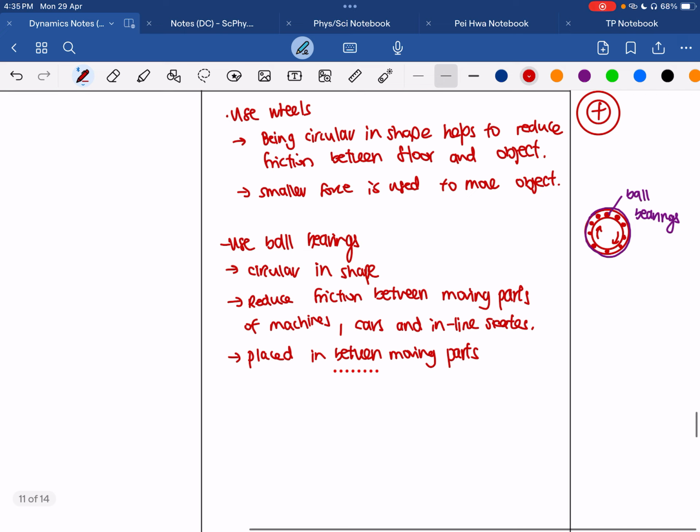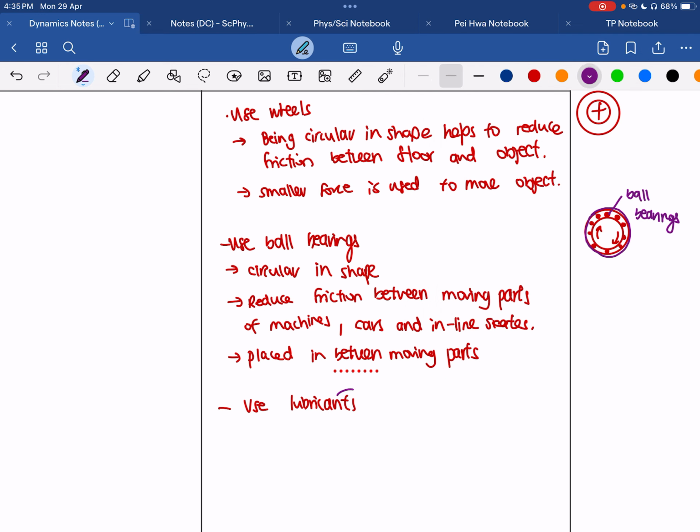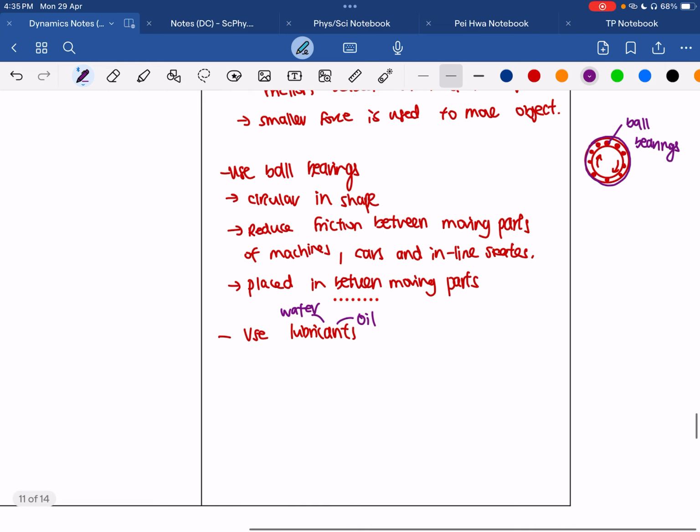Okay, next one, in terms of liquid, we could also use lubricants. One example of lubricants would be oil, water. Typically, they are liquid, though there can be some solid lubricants. For example, wax, that's one of them because it's slippery.